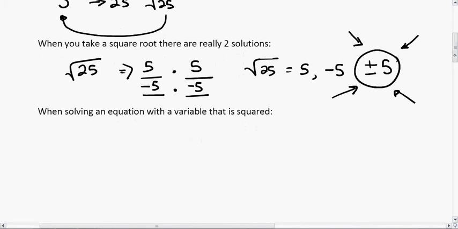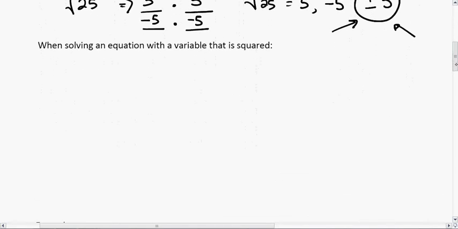Let's get into solving some equations. So when solving an equation with a variable that is squared, you're going to start off just like you always do when you're solving a 1 or 2-step equation. You will add or subtract if needed, and then multiply or divide if needed.